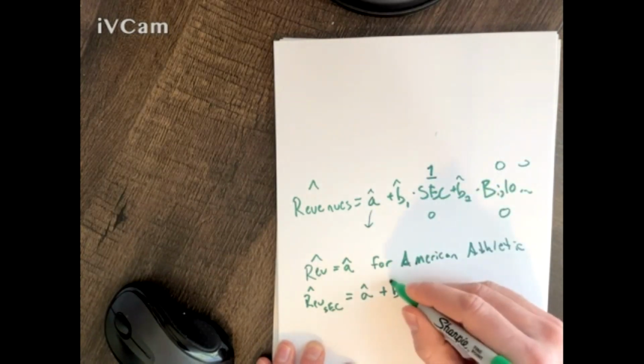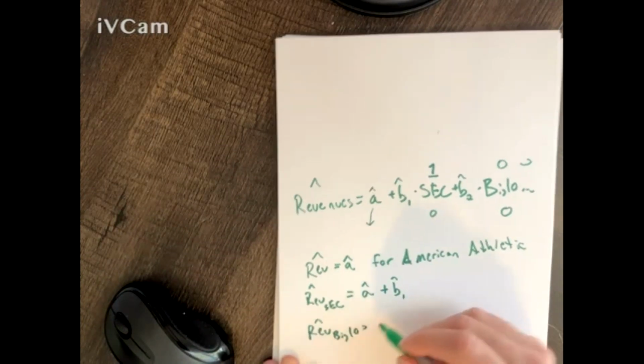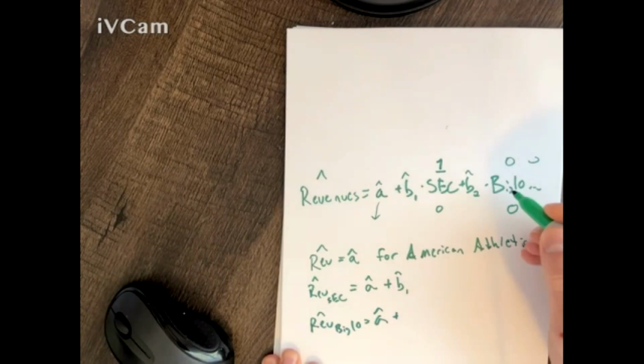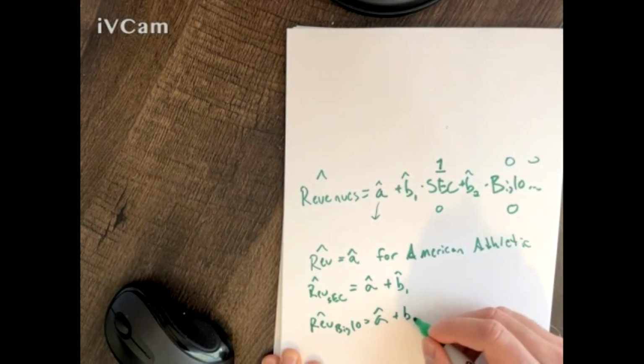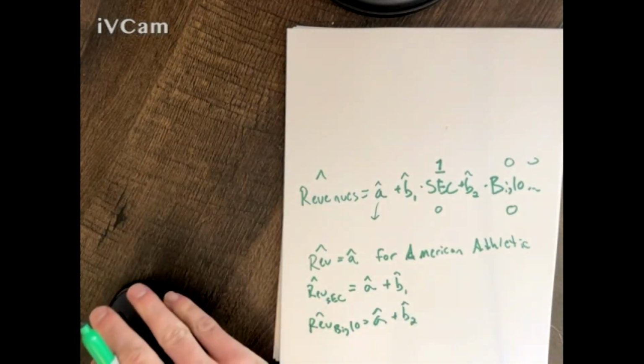So that adds in whatever coefficient is on the SEC conference. And then if I wanted it for the Big Ten, it would just be that intercept plus whatever that coefficient estimate was for the Big Ten conference indicator variable, and so on and so forth.